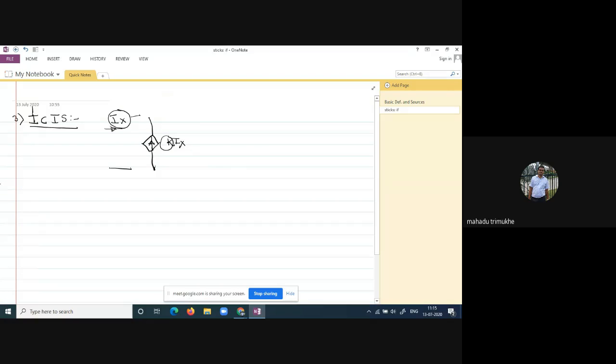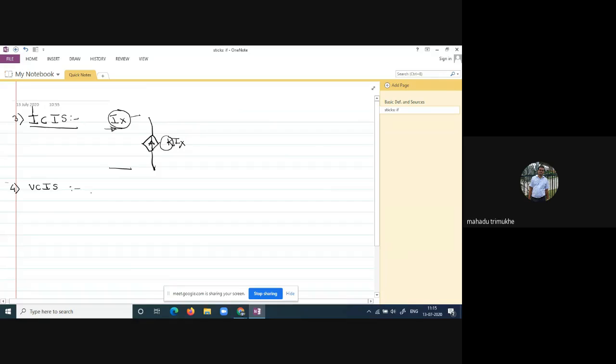Then the next type is what? Voltage controlled current source. In a voltage controlled current source, the source is what? Your current source, right? Means a current source whose magnitude and direction depend on the magnitude and polarity of some other voltage in the network.